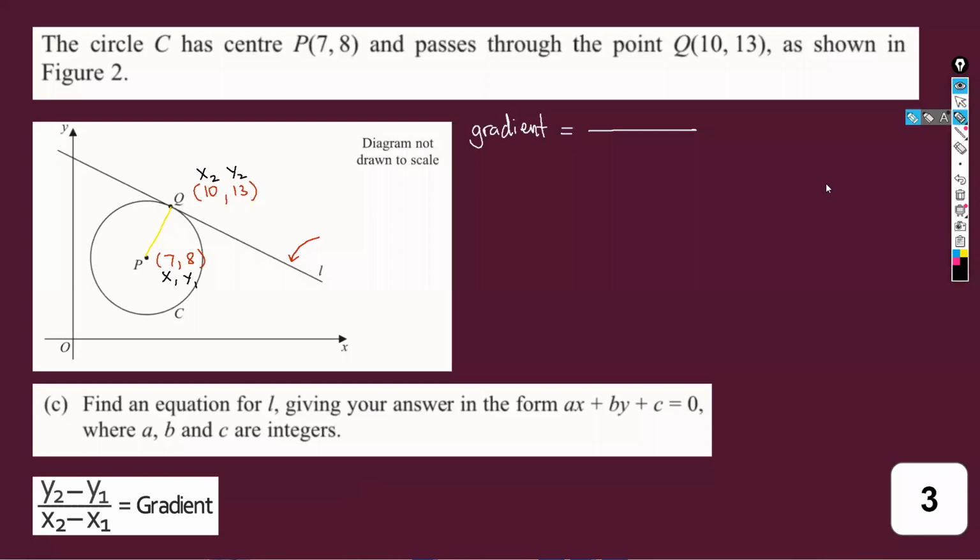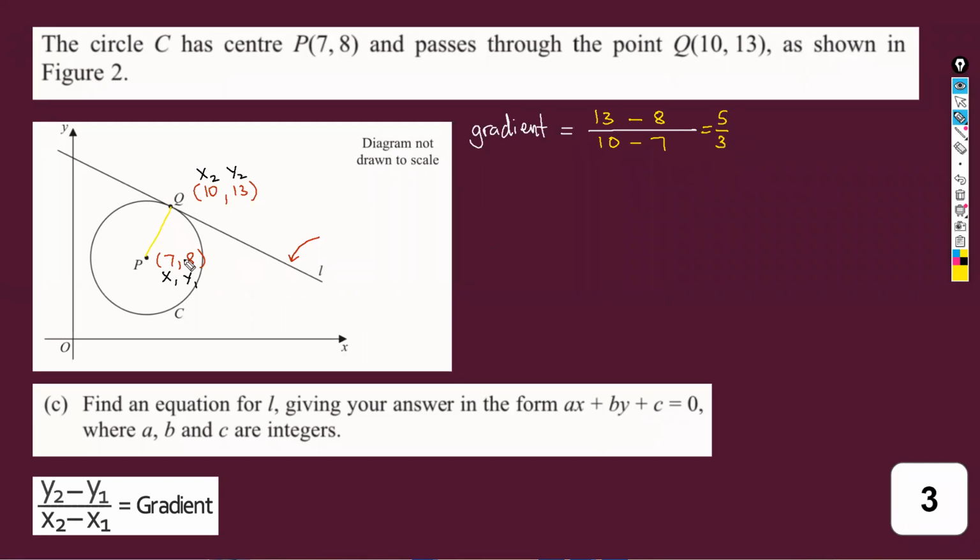All right, so let's see what's going on here. It's y2 minus y1, so it's 13 minus 8 divided by x2 minus x1. So 13 minus 8 is how much? I'm getting 5 on top, and I'm getting 3 underneath.